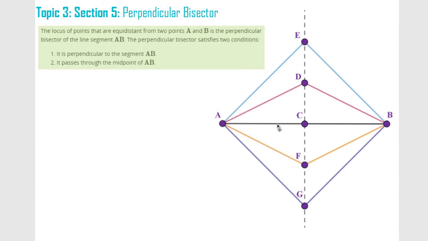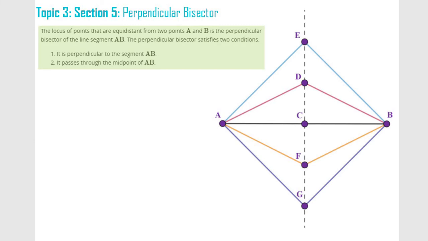Now I've got all these points along this line. Well, that's the perpendicular bisector of AB. So all the points along this line are an equal distance from A and B.